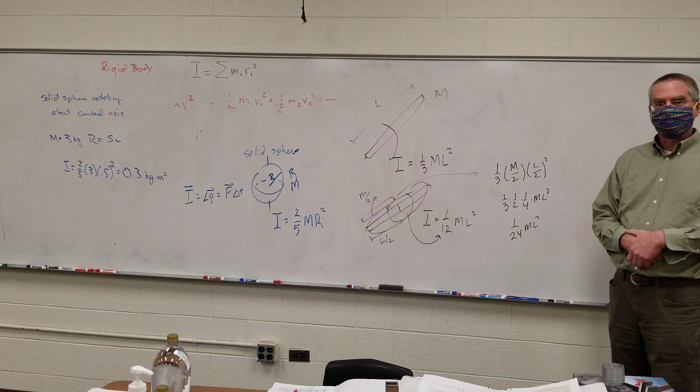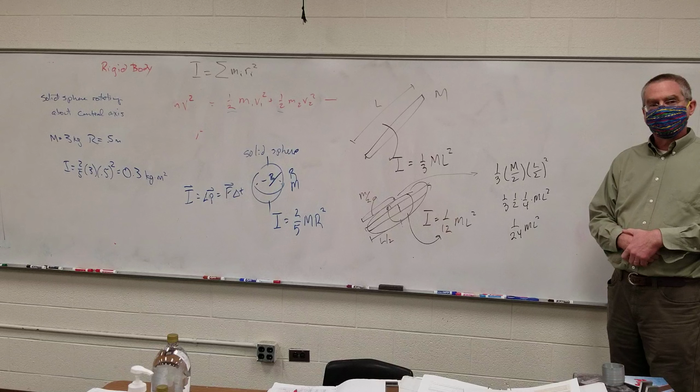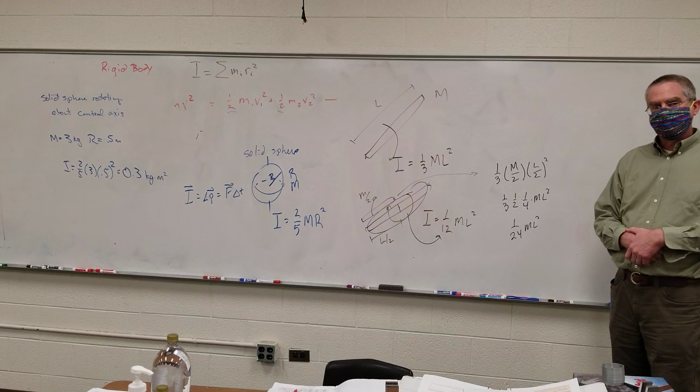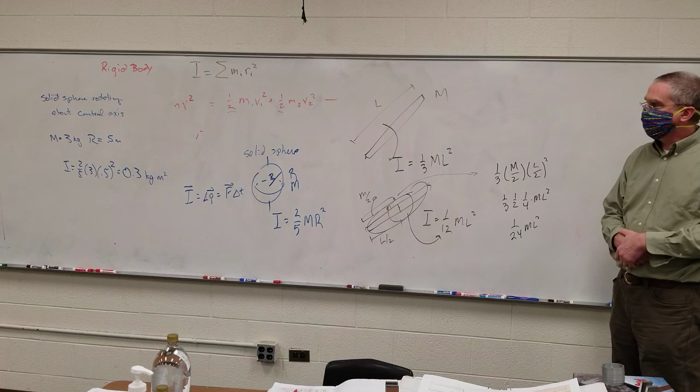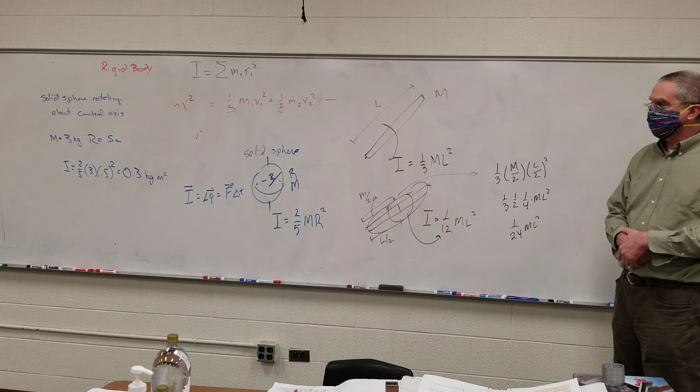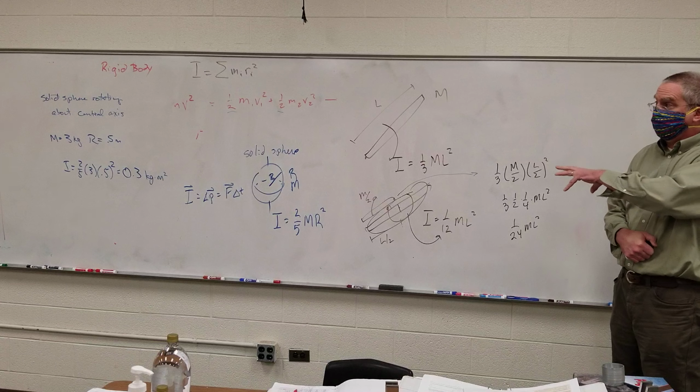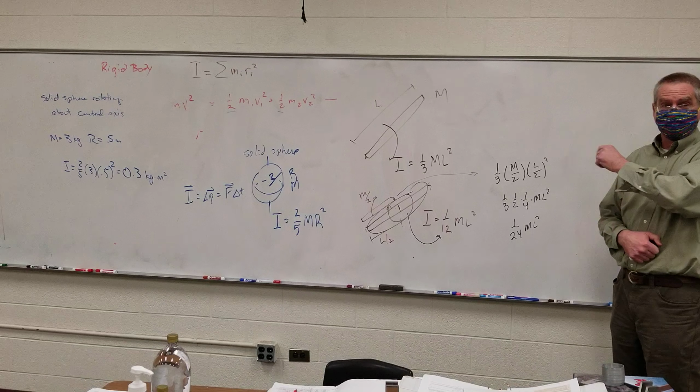Okay. So basically, all we have to worry about is using the mass and the radius or length to find the I. At this point, yes, I'd have to give you the mass and the length and you'd be able to figure it out.